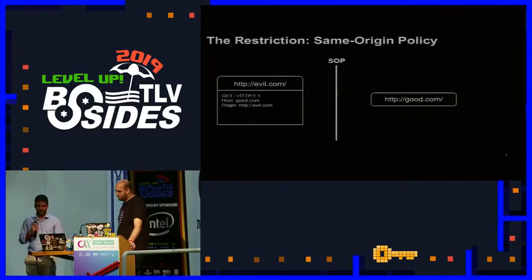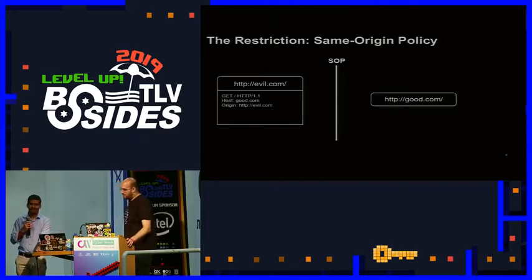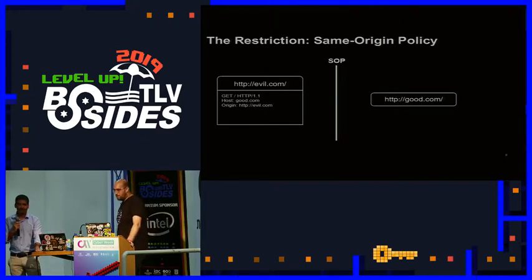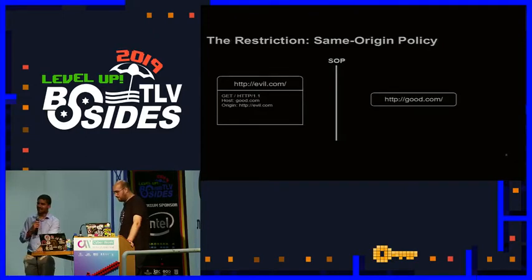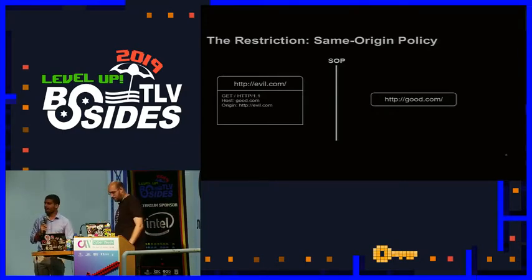So, we will talk a little bit about the same origin policy. What is the same origin policy? Same origin policy is a security mechanism that validates your hostname, scheme, and port. And if something in this part is not correct, it fails, and you will be blocked due to the same origin policy.